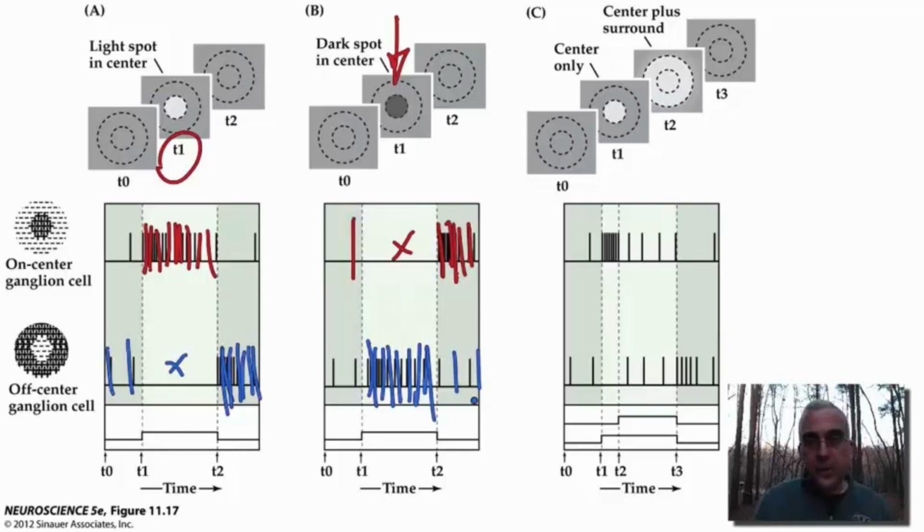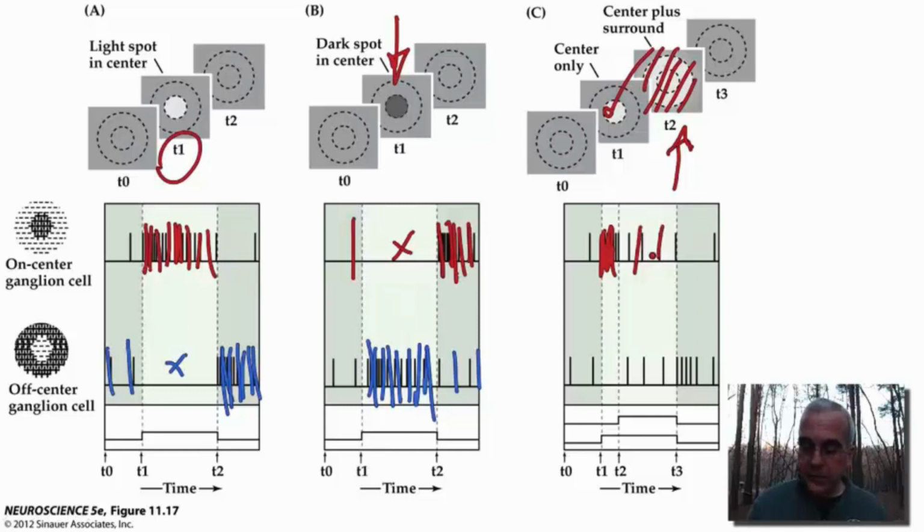Now, one additional consequence of the center surround organization I should mention is shown here in the final panel, panel C. When we evenly illuminate both the center and the surround, notice that there's not nearly so much change in the firing patterns of these cells. While the small spot in the center gave rise to a nice robust discharge, a more even illumination across the receptive field gives rise to a much lower level of activity in our on-center cell.